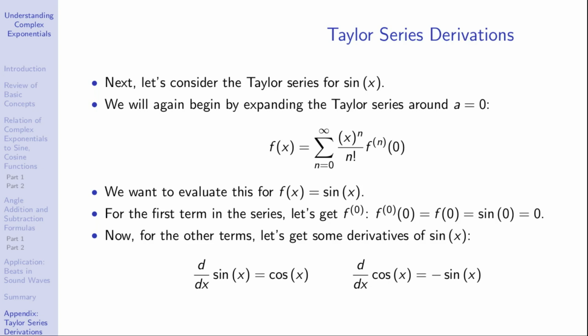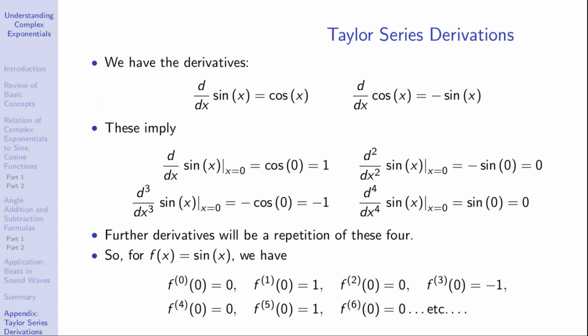Now, for the other terms, let's get some derivatives of sine of x. So the first derivative of sine of x with respect to x is equal to the cosine of x, and the first derivative of the cosine of x with respect to x is equal to minus sine of x. Okay, so we have those two derivatives. From those two derivatives, we can derive the following. The first derivative of sine of x with respect to x, evaluated at 0, is the cosine of 0, which equals 1.